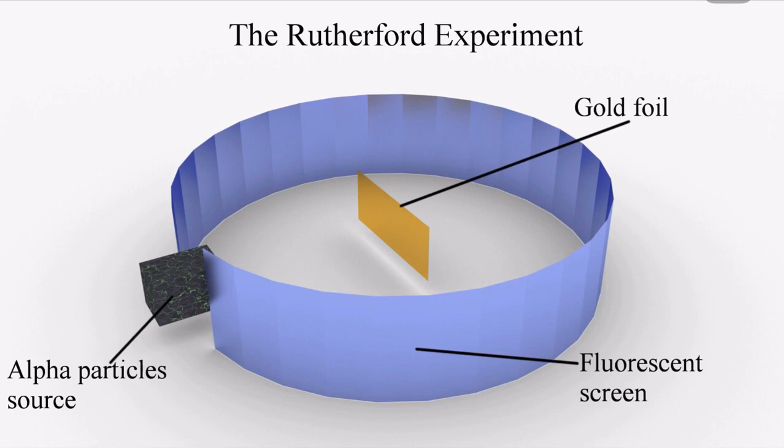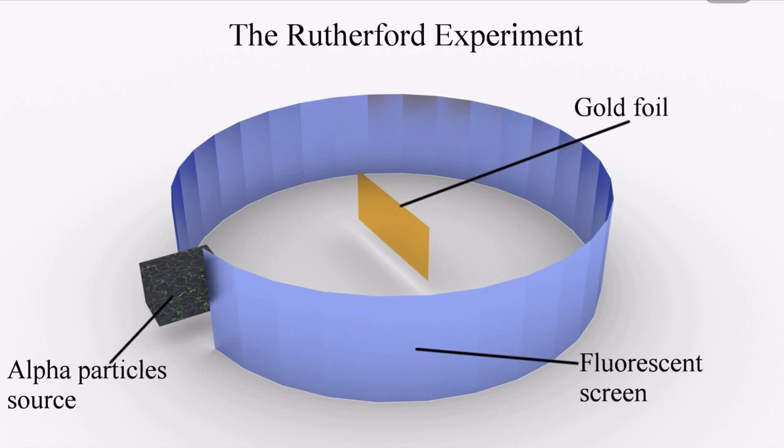The purpose of this screen is to show exactly where the alpha particles are going to hit, and the purpose of this gold foil is to figure out how an atom really looks like.